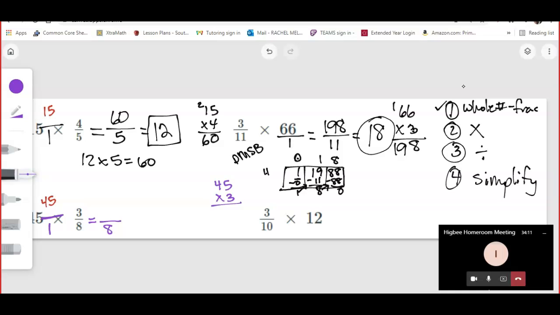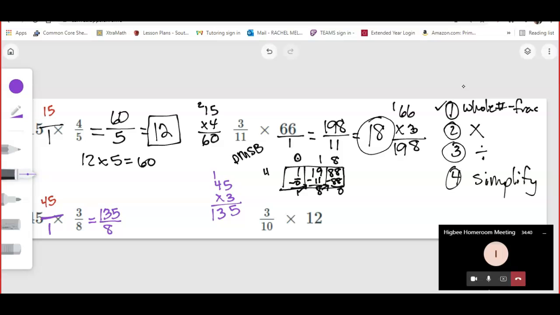Okay, so 3 times 5 is 15. 3 times 4. 12. 12 plus 1. 13. Okay, don't jump ahead. All right, so now I have 135 eighths. What do I need to do?